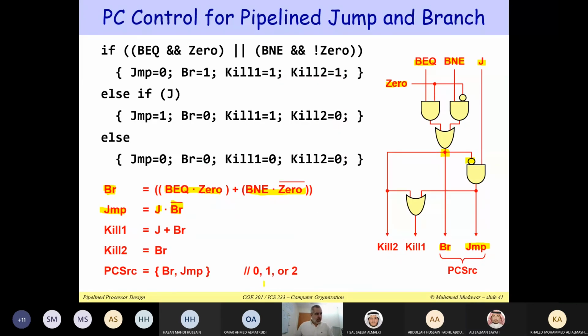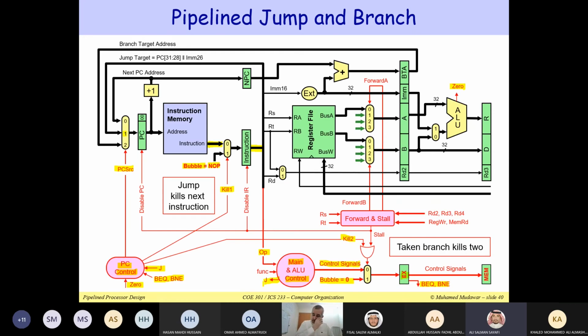Now, kill 1 and kill 2. Yes, you have a question? At the same time, we are jumping, but we don't know if we are branching or not. The result of the ALU is what decides if it's a branch or not. So now we have the branch in the third stage of the pipeline, in the execute stage. The ALU is going to produce the 0 flag, while at the same time we have a jump instruction in the second stage of the pipeline.